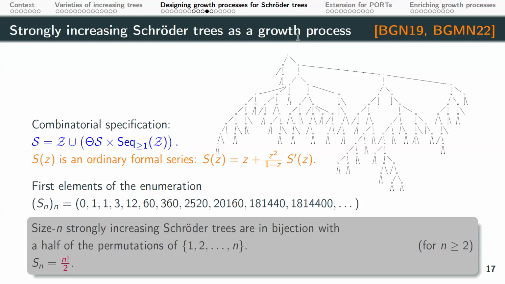And these are the permutations we are interested in. So there is no work needed in order to obtain the asymptotics. We have an equality: Sn is equal to half of n factorial, due to our bijection. So this was easy. So we try to enrich our growth model.